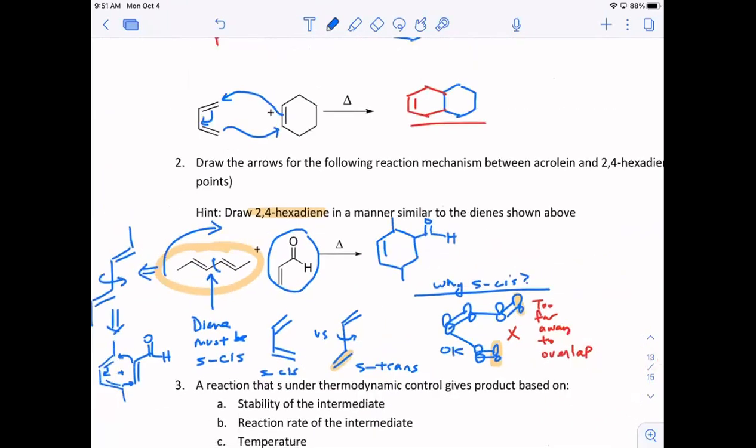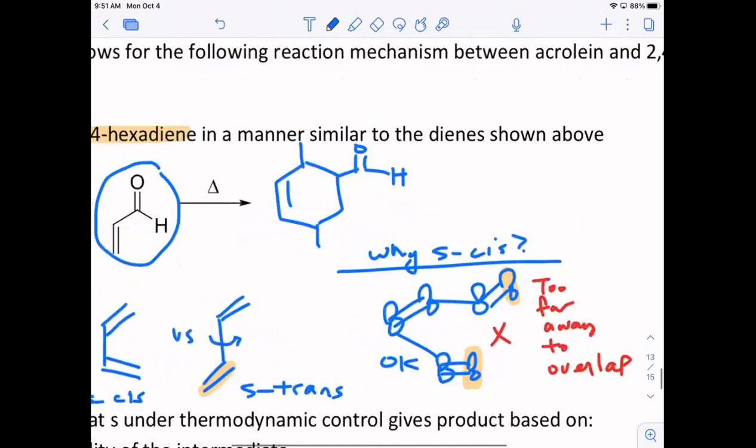And again, the reason why I drew it initially how I did was to get an opportunity to talk about the diene and its conformation. It's got to be S-cis. If it's S-trans and it can't go S-cis, then it's not going to react, because you have to have that orbital overlap in your transition state.